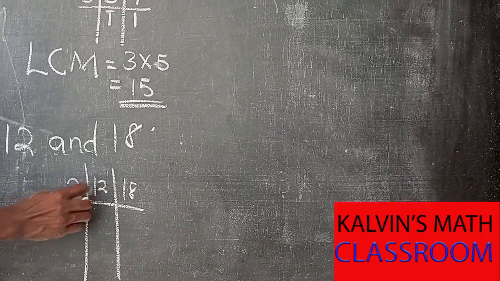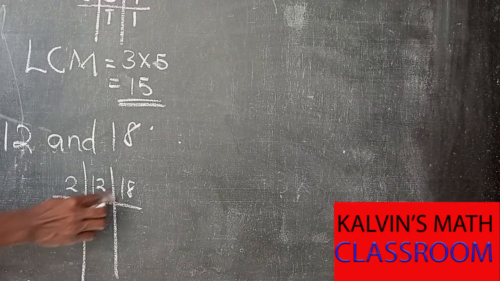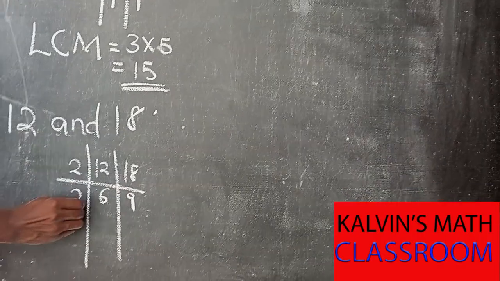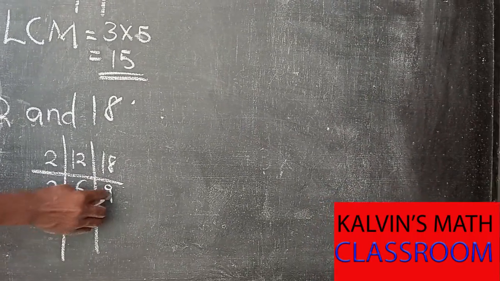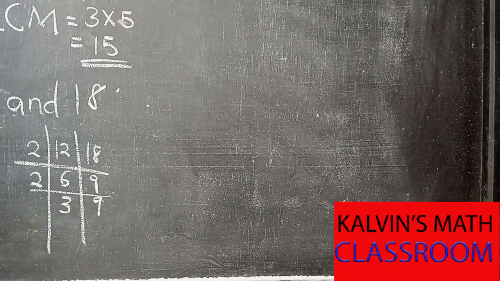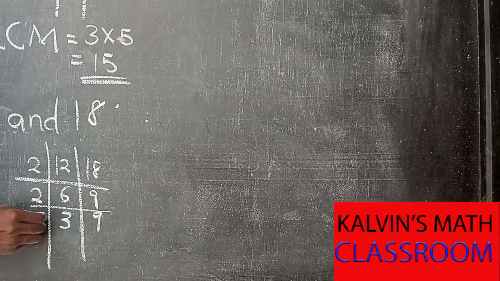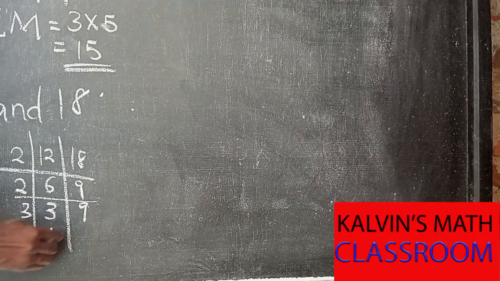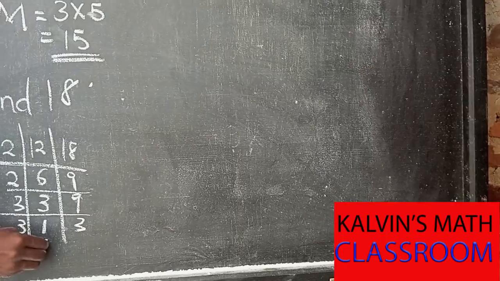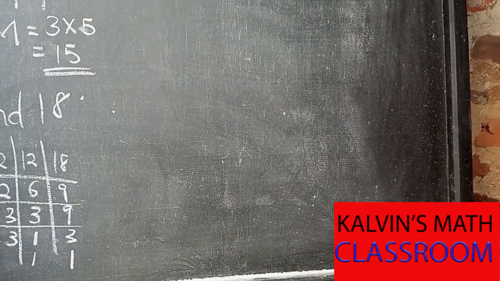So divide by 2: 6. Divide by 2: 9. Divide 6 by 2 is 3, and 9 stays 9, because you can't divide 9 by 2. So we continue by 3: once, by 3, 3. By 3 once, by 3 once.